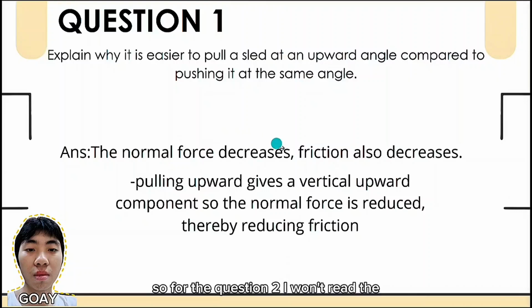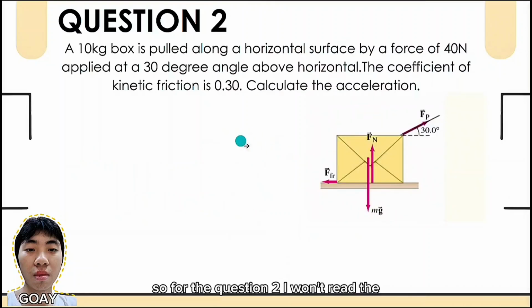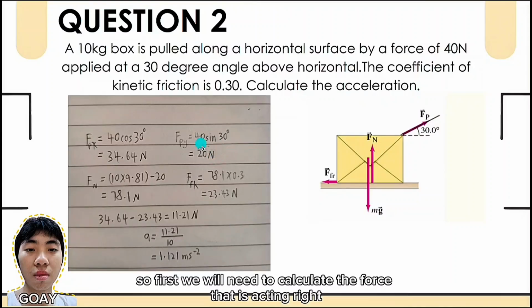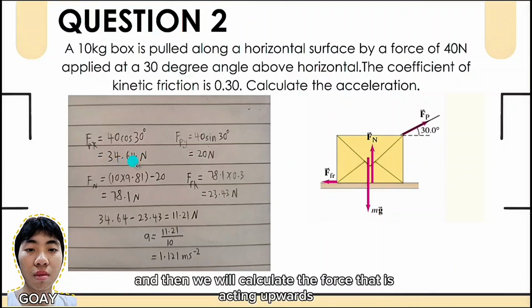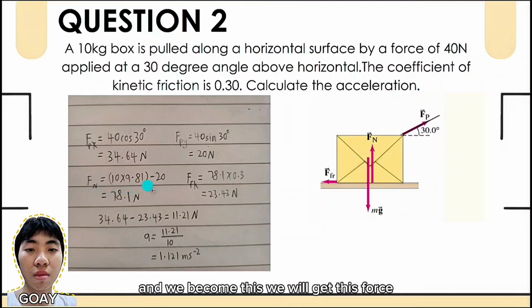For question 2, I won't read the question, I'll go straight to the answer. First, we need to calculate the force acting to the right because we are pulling it, which is this force, and then we calculate the force acting upwards because of our pull. Our total normal force will subtract the force that we pull, and we will get this force.